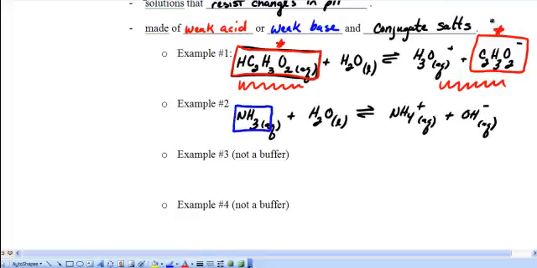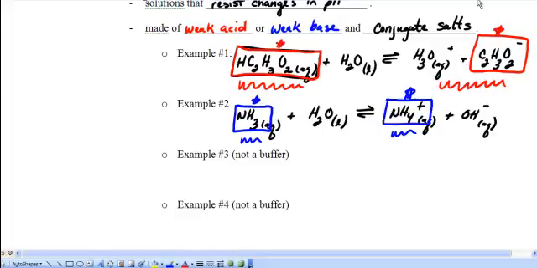If you add any salt that contains the ammonium ion, now you have something on either side of the equilibrium, a significant amount. So if you add an acid, this base will neutralize it. If you add a base, this acid will neutralize it. So whether you add an acid or a base, you're going to be able to neutralize it to some extent.